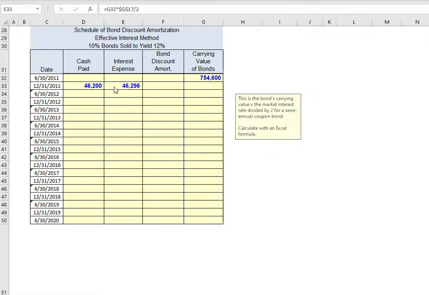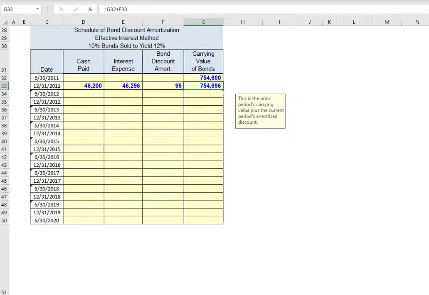The interest expense, then recall, is the 12.28% market interest rate divided by 2 because it's a semi-annual coupon bond multiplied by the bond's current carrying value. The difference between the cash paid and the interest expense is our amortized bond discount. And over time, recall, these bonds were sold at a discount and their net carrying value will increase over time.